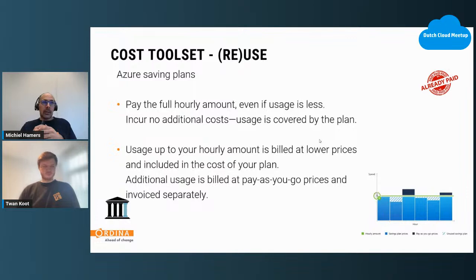It's not at additional costs, it's just you saving because you are saying, I'm going to use that amount of hours, and then you pay the full hours, but against a lower price. It's a really beneficial thing to do. It's really pretty new.